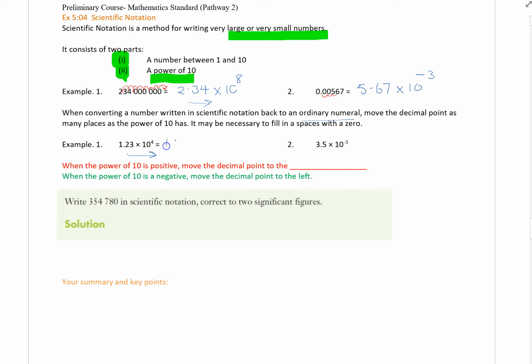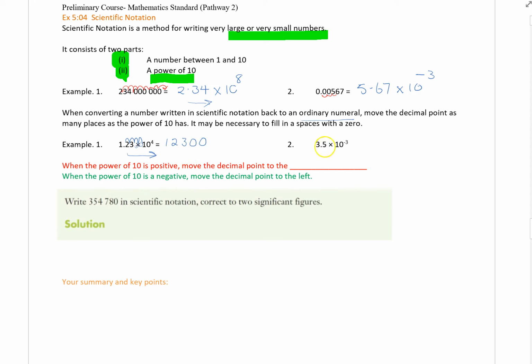So it becomes 1, moving the decimal point 1 place, 2 places, 3, 4. Or you might do it like this, 1, 2, 3, 4, and realise that you've got 2 spots to fill in with zeros. And that equates to the ordinary numeral 12,300.